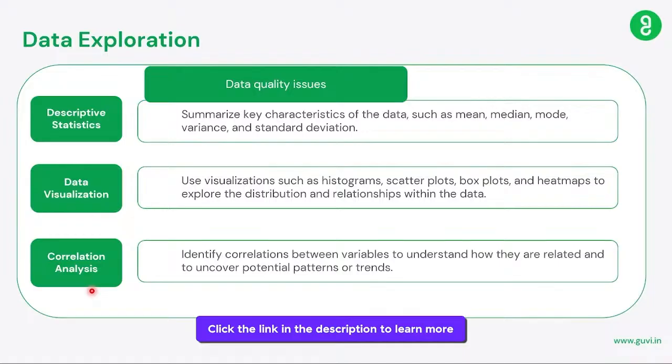By identifying the correlations, analysts can uncover potential patterns or trends and gain insights into how variables interact with each other. So it's obvious that as the years of experience increase, the salary increases. So we know that these two variables are correlated.